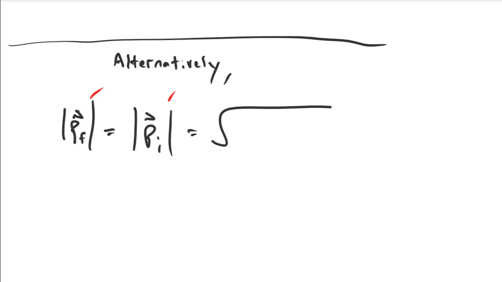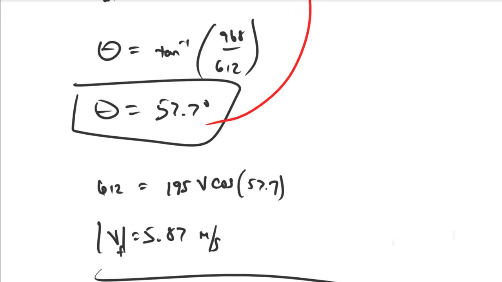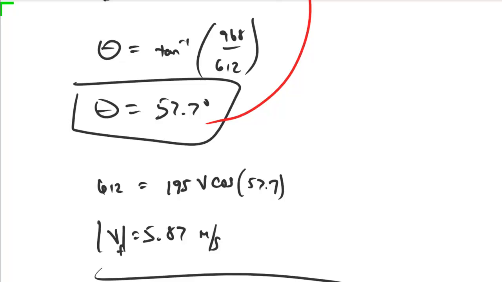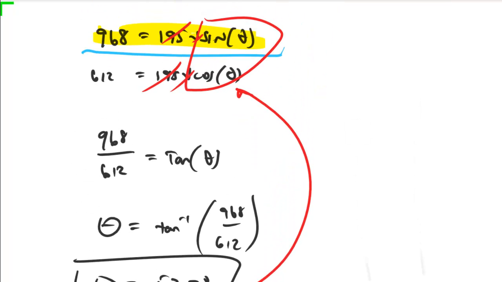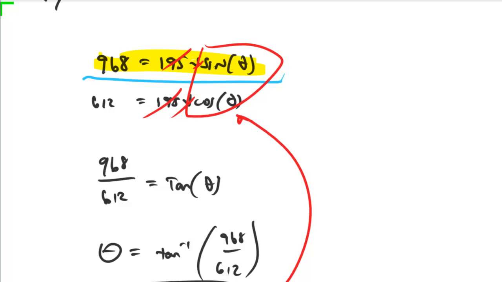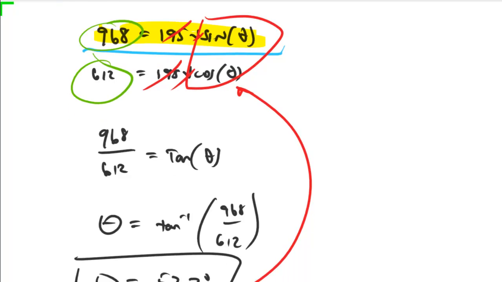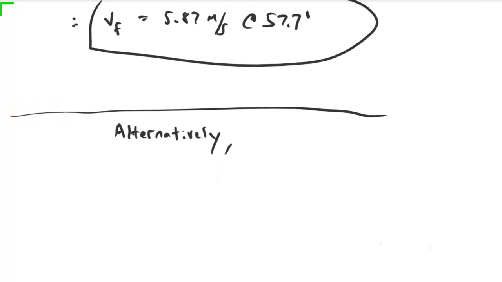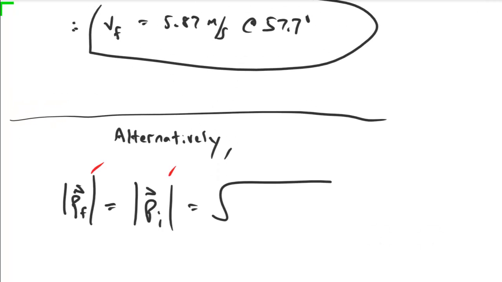and the magnitude of the initial momentum would be, well, I found the y component of the momentum was this 968, right? This was the y component of the initial momentum, and this was the x component of the initial momentum. So I could put both of these in here. So I could say this is going to be the square root of 612 squared plus 968 squared.